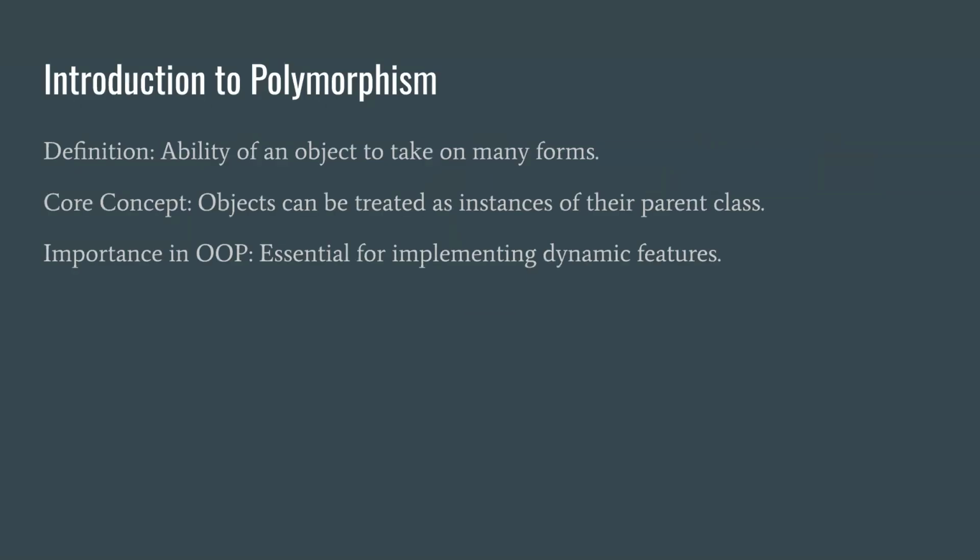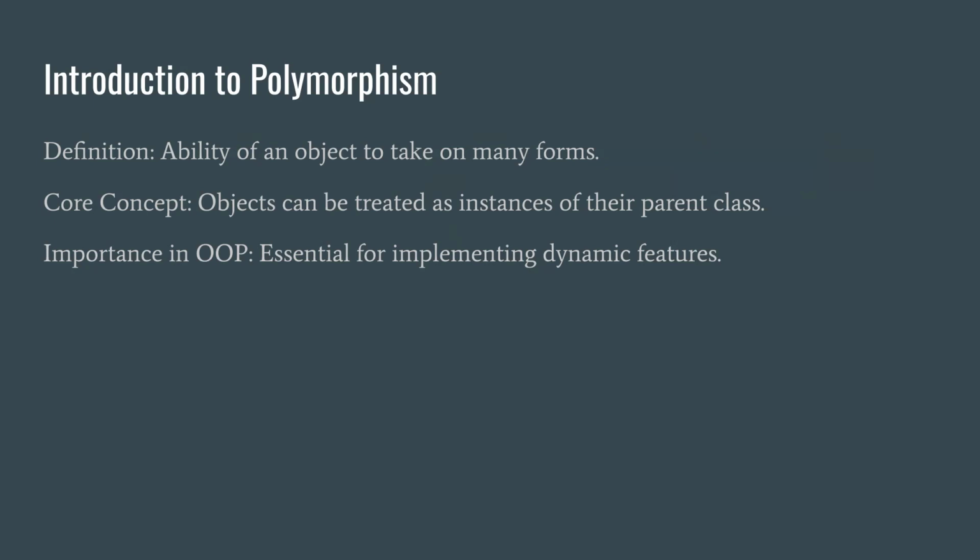Introduction to Polymorphism. Hello, everyone. We're going to look at an exciting concept in object-oriented programming called polymorphism. This term comes from the Greek word poly, which means many, and morph, meaning form.